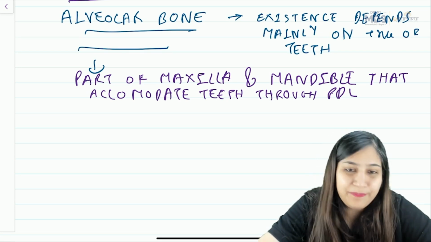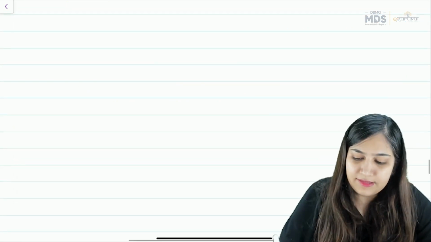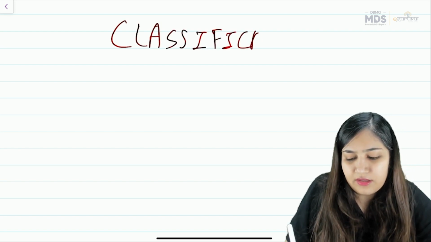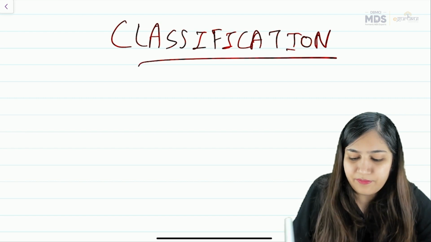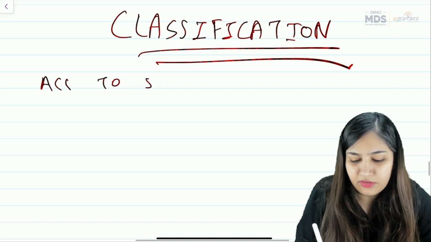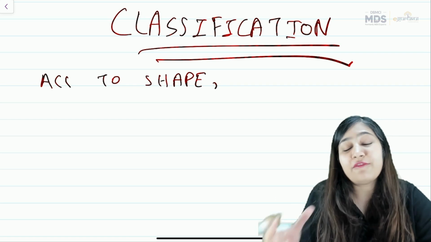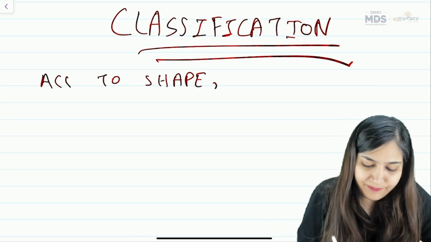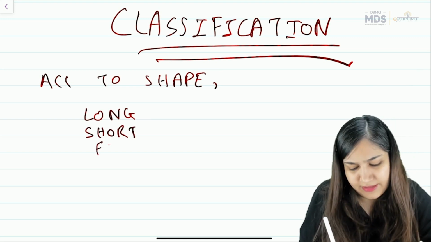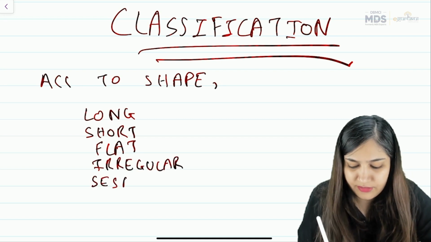Now we will discuss the classification of bone, right? Normal classification of bone. Not alveolar bone, all the bones. Basic classification of bone, according to shape: long, short, flat, irregular, sesamoid.